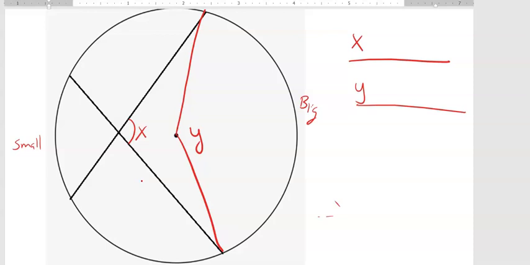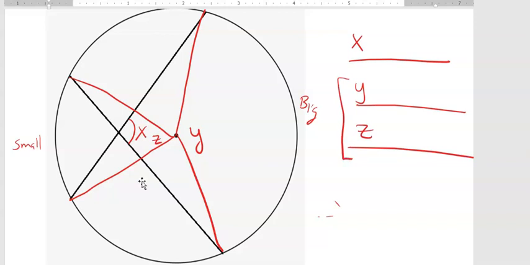So you are going to then go from here to here, and here to here, and figure out what that one is. And we'll call that Z. You are going to be able to do something with Y and Z that is going to help you figure out what X is. Does anybody have any questions about what you're going to be doing right now? People at home, if you have a protractor at home, you can do the same thing. I'm going to go ahead and pause the video so the kiddos in class can do this live.